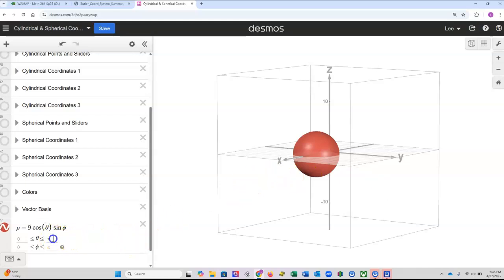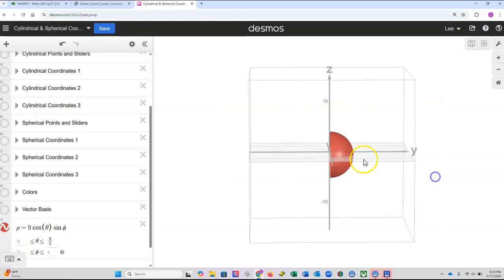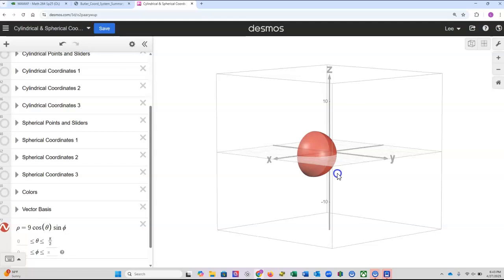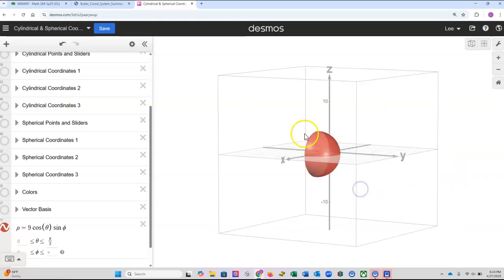Let me say maybe pi over 2. Then I'm only getting half of a surface, so I lose that part where the y is negative. If you change any of those parameters, you can sometimes see which part is actually graphing what part of the surface by making some restrictions on those.